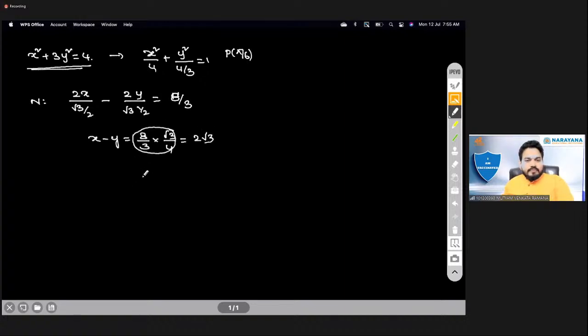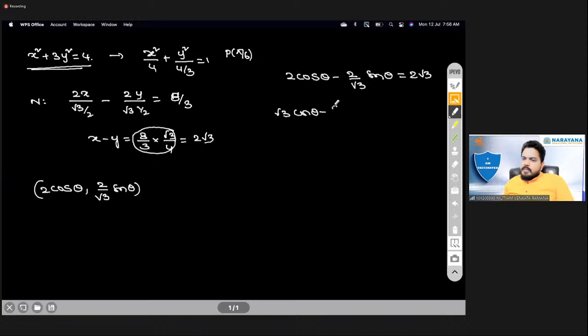This value. Meeting the curve again at 2 cos theta, 2 by root 3 sin theta. So 2 cos theta minus 2 by root 3 sin theta is equal to 2 root 3. So this is root 3 cos theta minus sin theta is equal to 3 by 2 by 2.